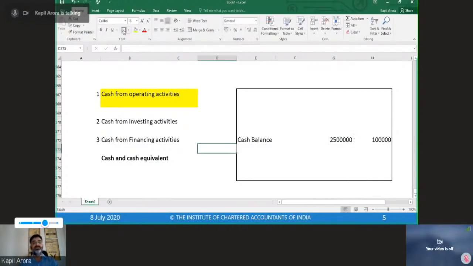So what we do, we calculate cash from operating activities, we calculate cash from investing activities, we calculate cash from financing activities.